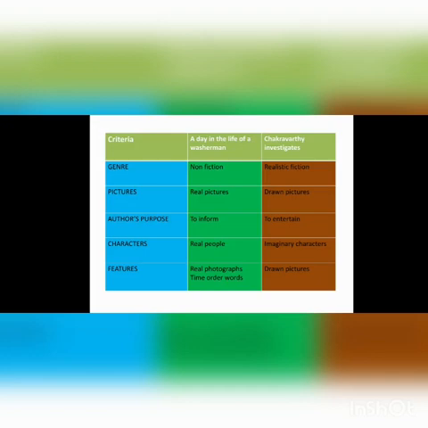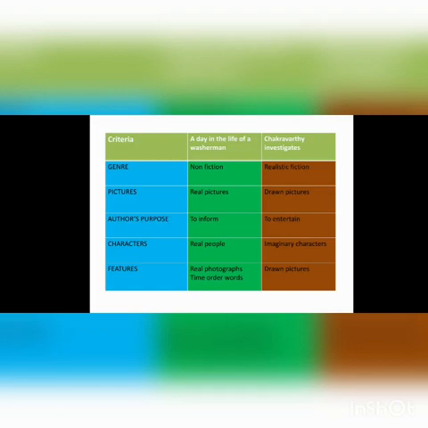So you can write over there real photographs. Whereas in Chakravarti Investigates, you would see that these pictures are drawn pictures. They are imaginary or they are made by another person. They are drawn pictures.